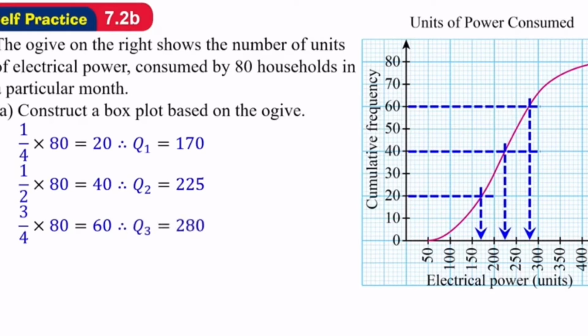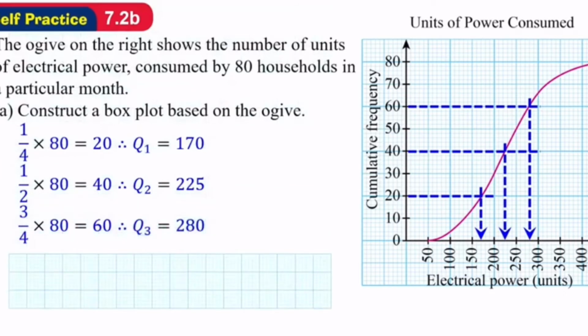So the Q3 is 280, 280. So we have read out first quartile, we have read out median, we have read third quartile, right?